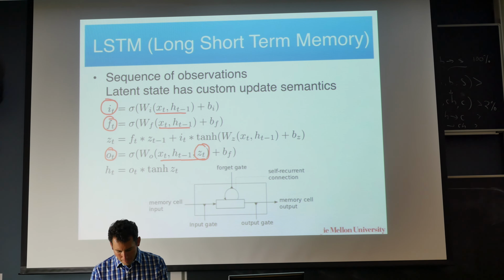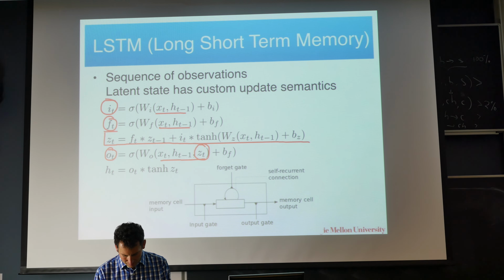Then I generate my new state as a linear combination of the input, suitably adjusted and gated with the input gating, plus a leaky average, which is basically just my previous hidden state gated with some forgetting function.